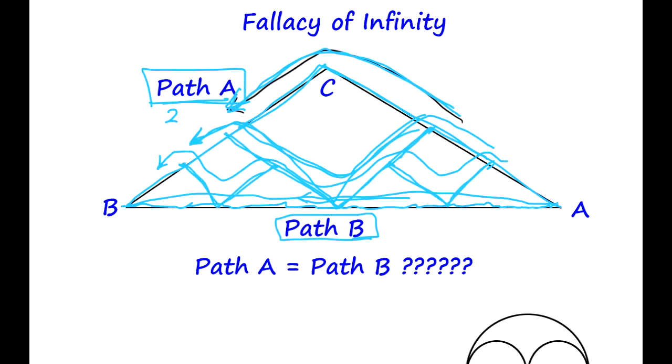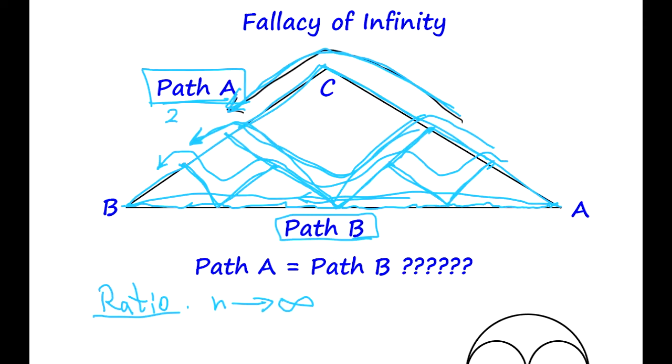No matter how many times you do it, the ratio of the length is 2. So the important thing is to keep the ratio for the operation of infinity. So the answer is, no matter how many times you do it, this zigzag line is twice as long as the straight line A to B. That's the correct argument.